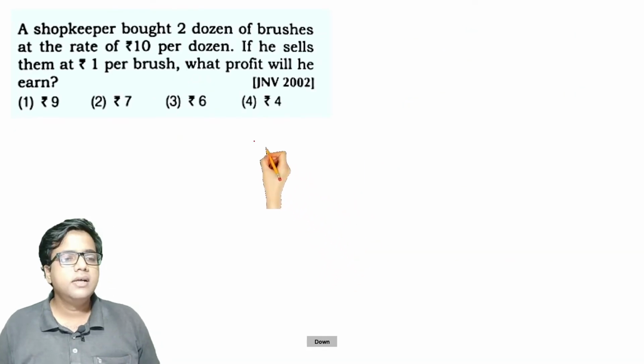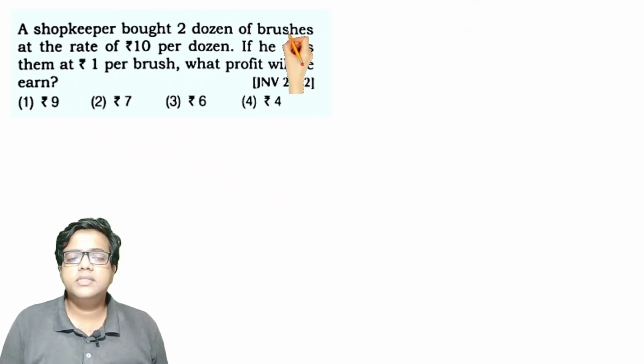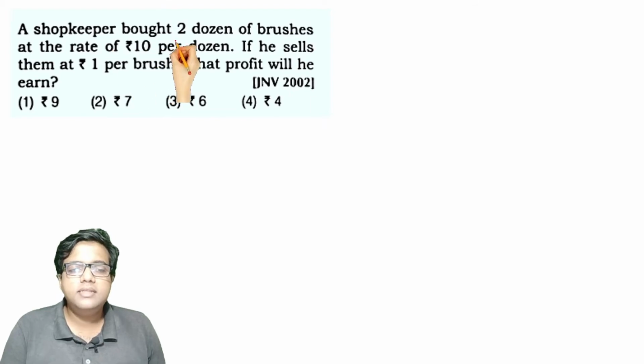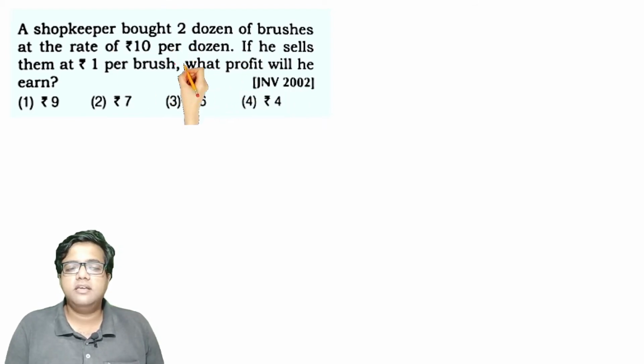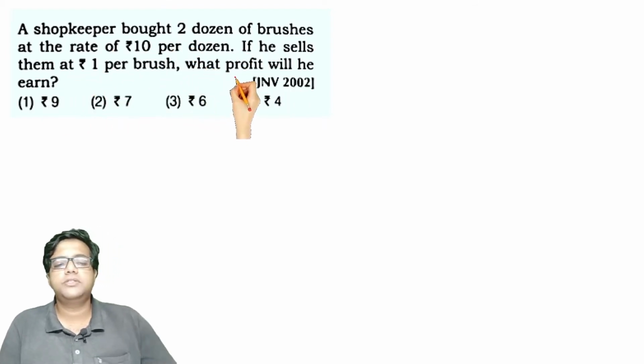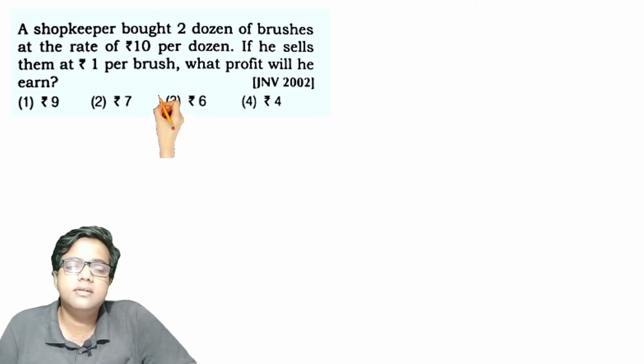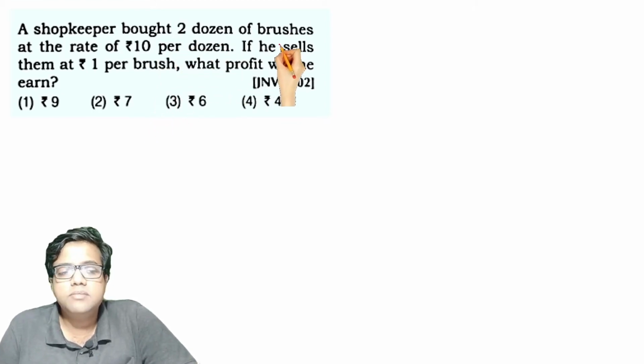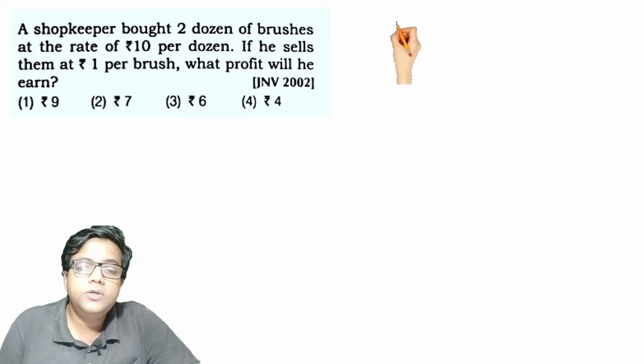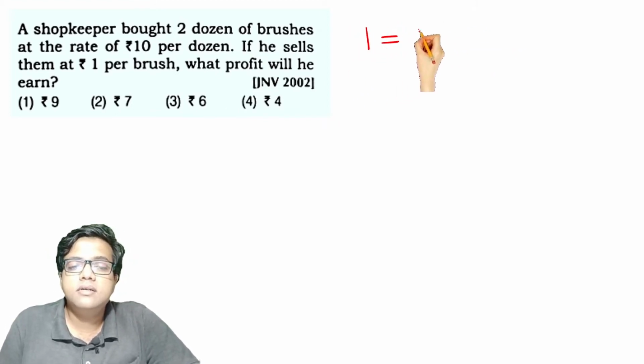Let's move ahead. A shopkeeper bought 2 dozen of brushes at the rate of 10 per dozen. If he sells them at 1 per brush, what profit will he earn? See, he bought 2 dozen brushes at the rate of 10 per dozen. So what is the cost price here? For 1 dozen, he paid 10 rupees, right?